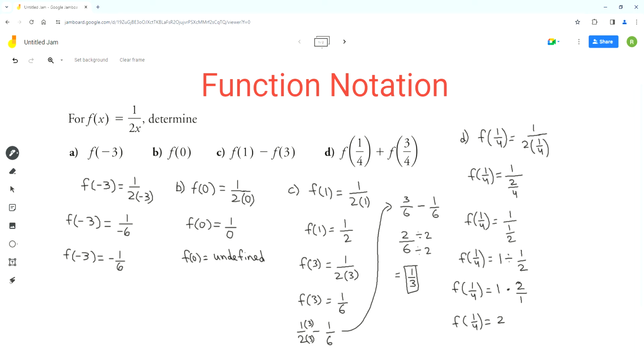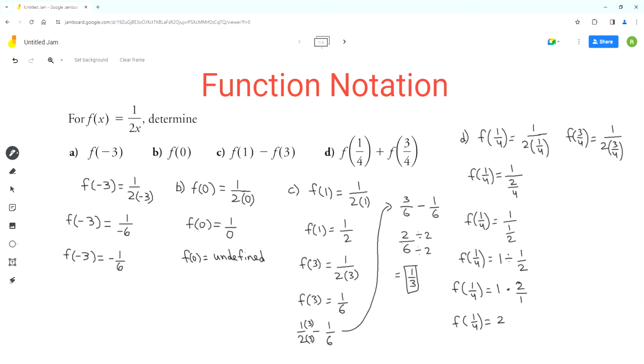Now we have to repeat these steps for f at 3 over 4. So we sub in x as 3 over 4 in the given function. So we get 1 over 2 times 3 over 4.